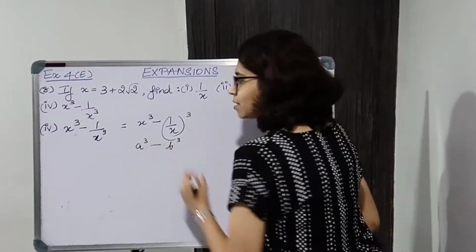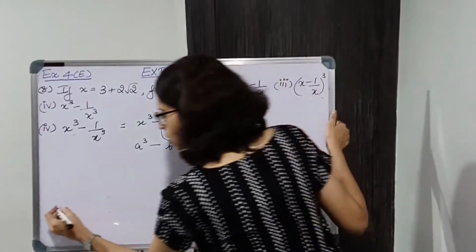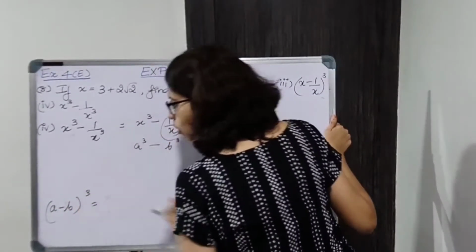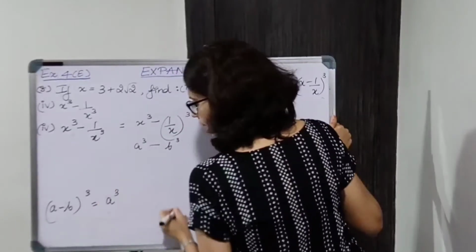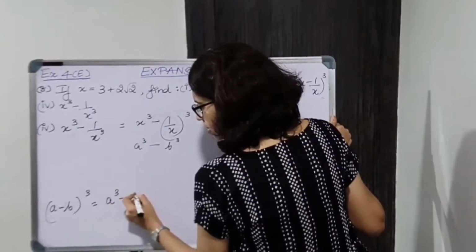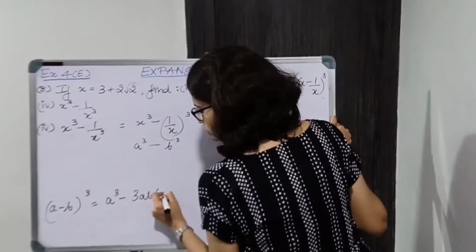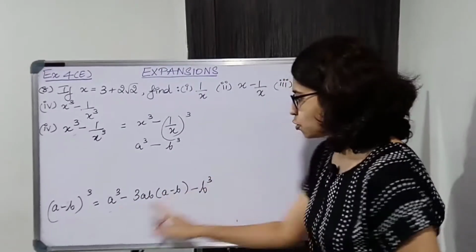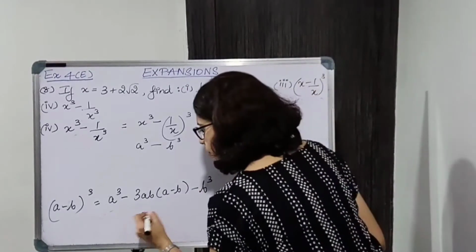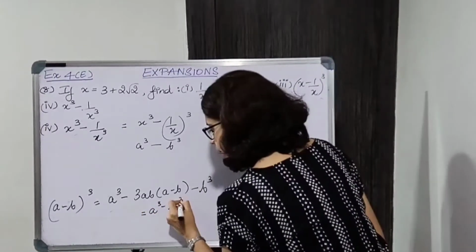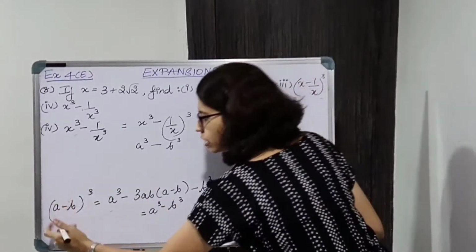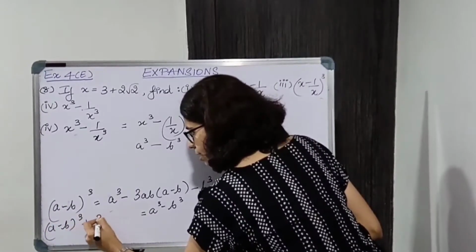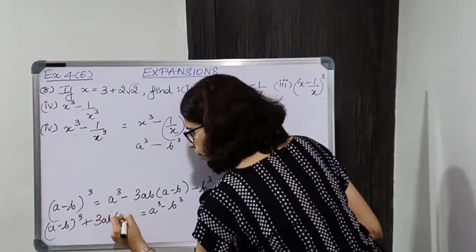Now a cube minus b cube. Students, we know a minus b the whole cube is equal to a cube minus b cube minus 3ab into a minus b. So a cube minus b cube is equal to, we'll shift this on the other side, a minus b the whole cube plus 3ab into a minus b.